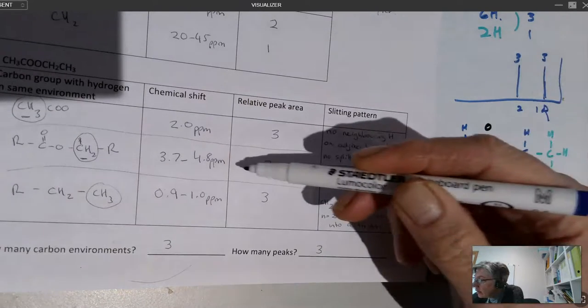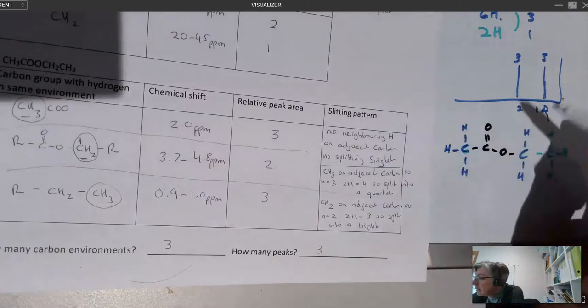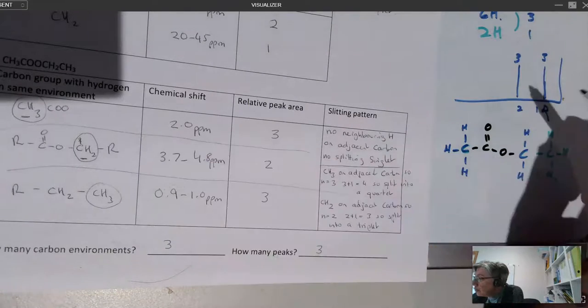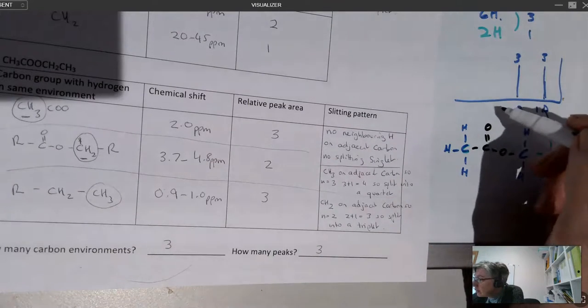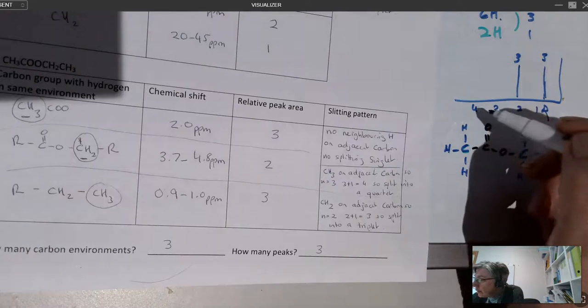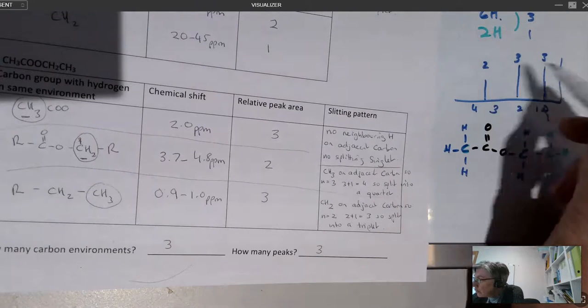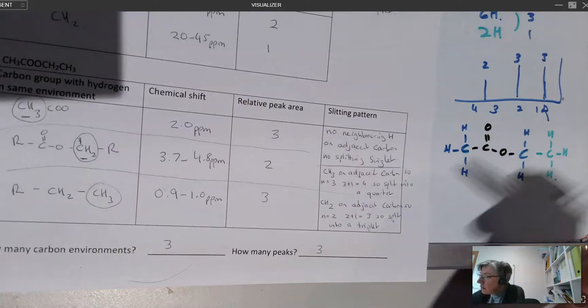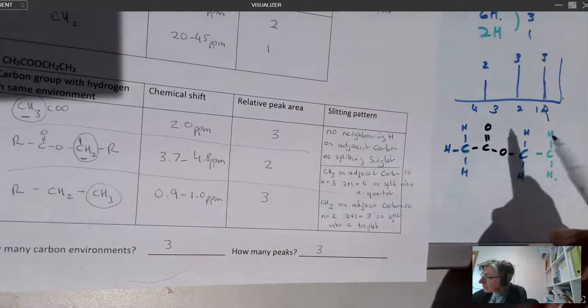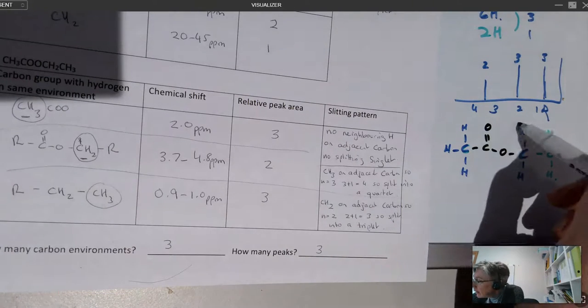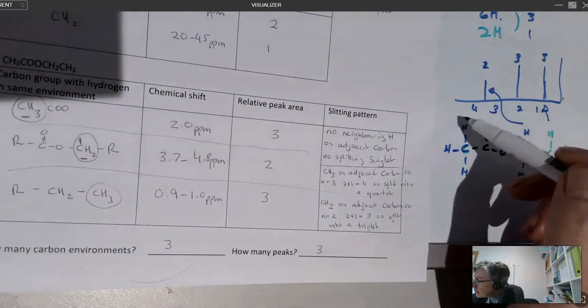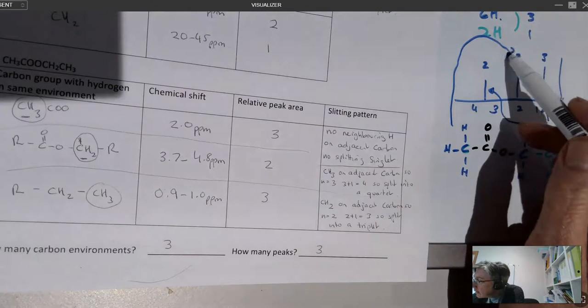And then the highest one is for the CH2s. So we've got 3, 4, it's around here somewhere, and it's worth 2. So 3, 3, 2. So when we look at the splitting, that one is that one, and this one is that one.